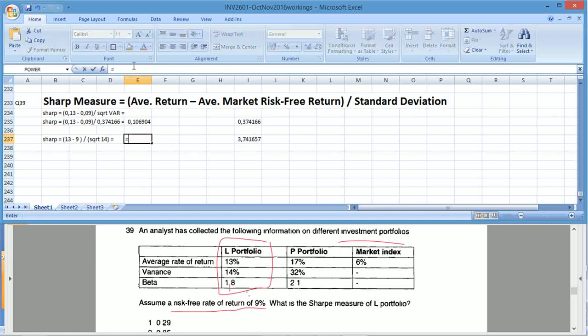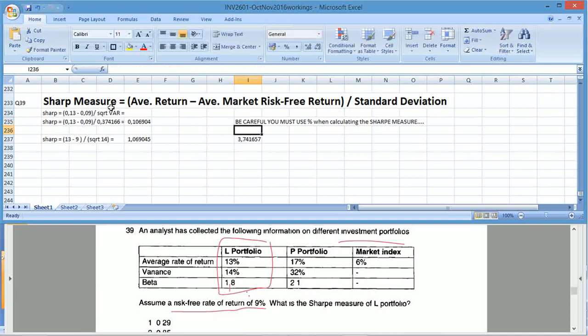Alright, and then we've got open brackets 13 minus 9, close brackets, divide by that answer there, equals. Okay, so that works out. Alright, so be careful then. You can't use decimals, so be careful. You must use percentages in calculating the Sharpe measure.